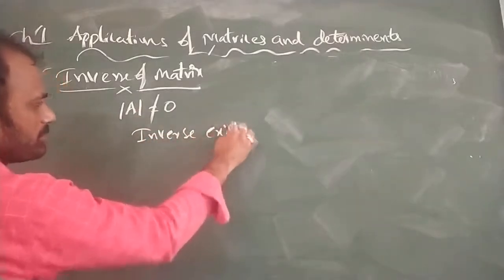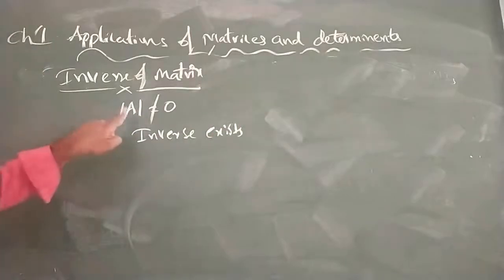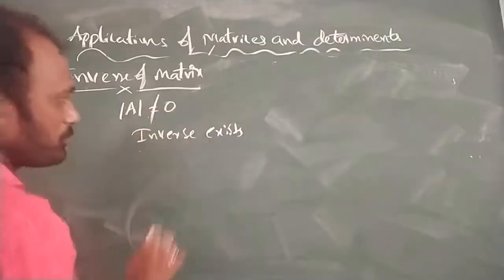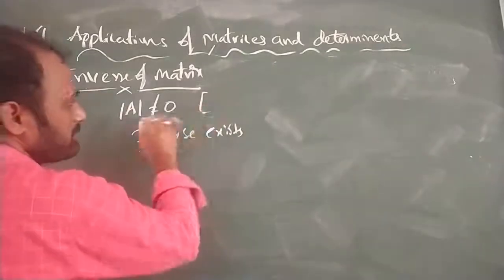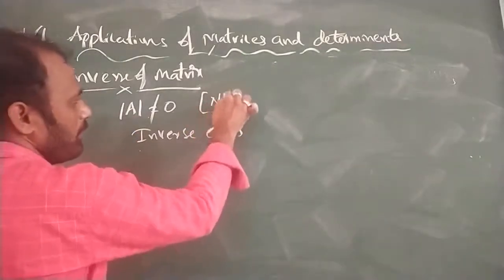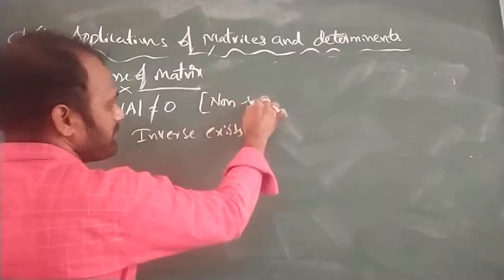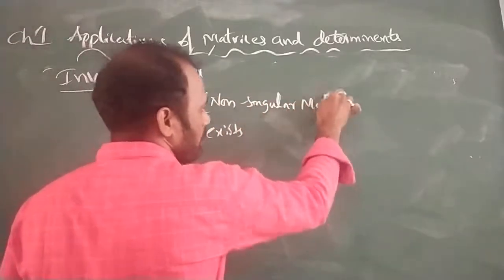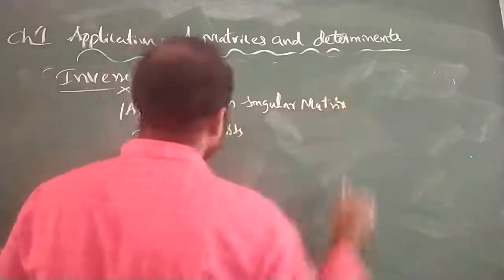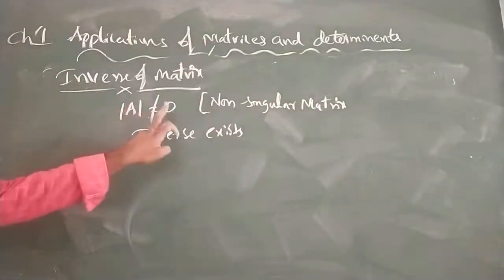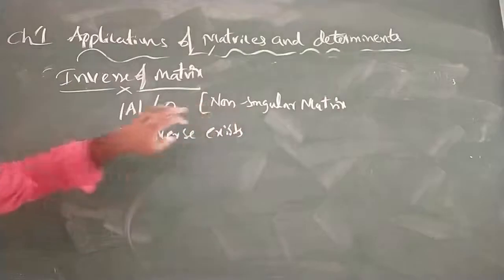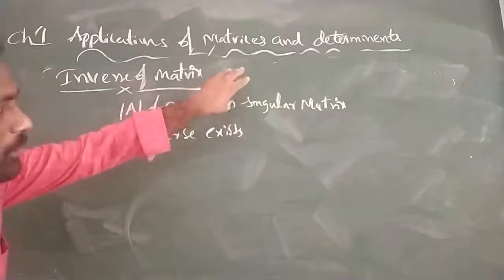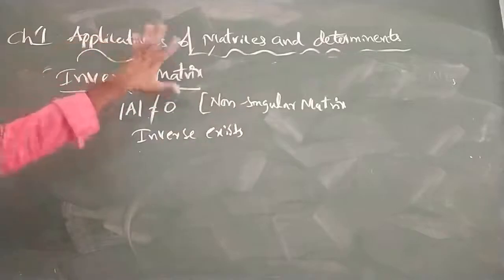Just now we have said that modulus A, which means the determinant value, if it is not equal to 0, then the inverse is going to exist. So what kind of matrix is it? We can directly call it a non-singular matrix. It means if modulus A is equal to 0, we will call it a singular matrix. If it is not equal to 0, we will call it a non-singular matrix. So for every non-singular matrix, the inverse of a matrix is going to exist.